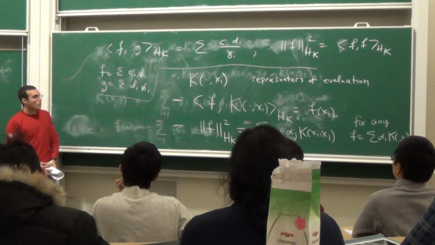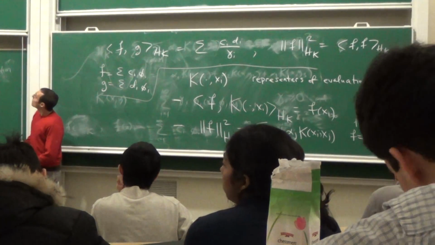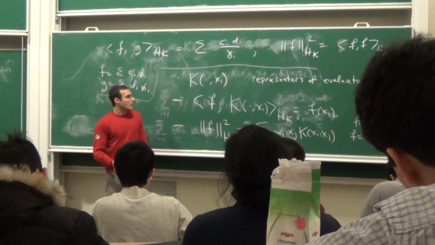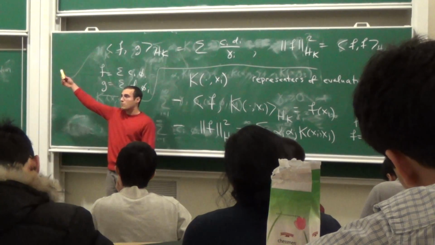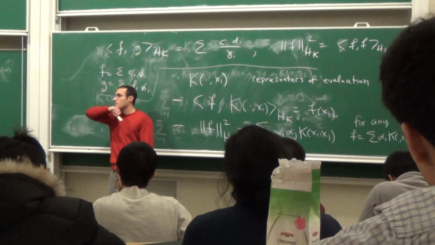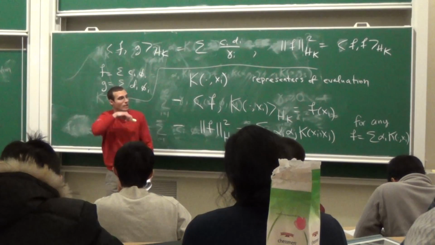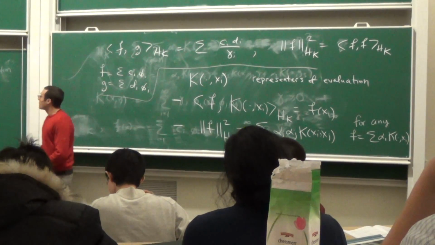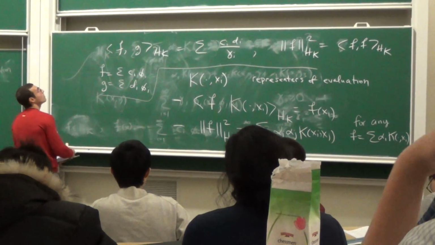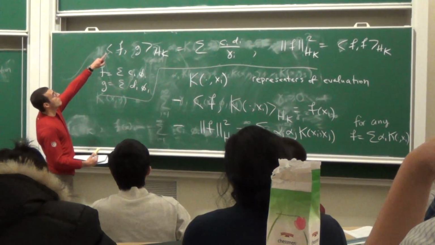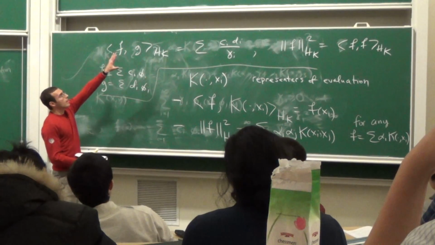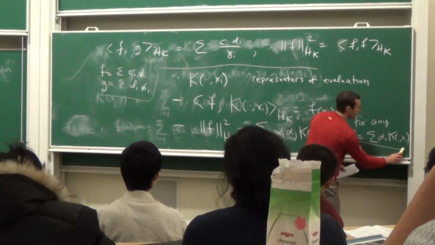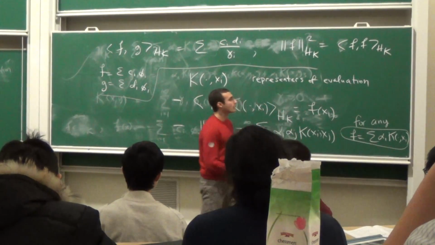So that proved for us that once we restricted our attention via the representer theorem to functions that were just linear combinations of the representers, then the penalty term in that finite dimensional form was really just alpha transpose K alpha. I still have to prove for you, though, that if I look at the original problem up there, then I can restrict my attention just to functions of this form, linear combinations of the representers.